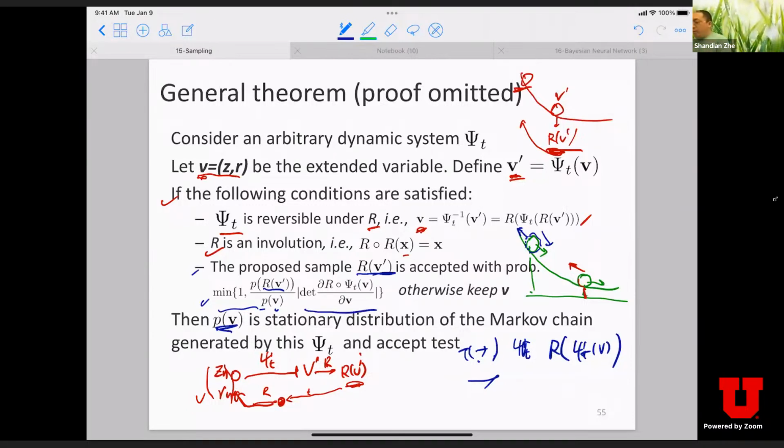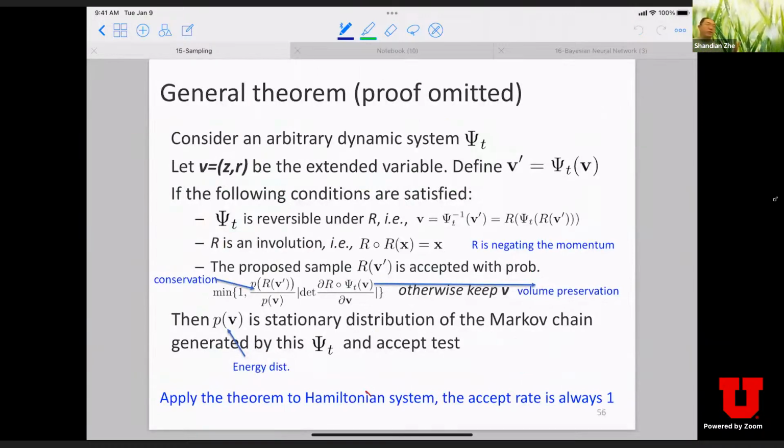Okay, and then we can just apply a Hamiltonian system to this proof, and say why this is correct and why this is effective. So first, you have the Hamiltonian system. We know that psi is just the evolution of the Hamiltonian system, and R is a negation of the momentum. The interesting thing is that when we do this Metropolis-Hastings acceptance test, you see that the Hamiltonian system will preserve the energy.